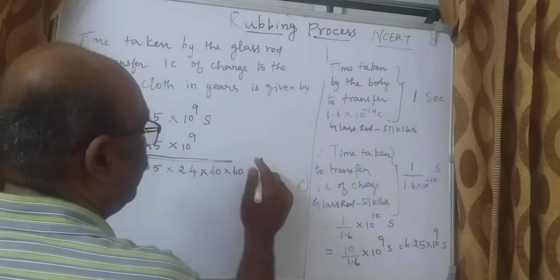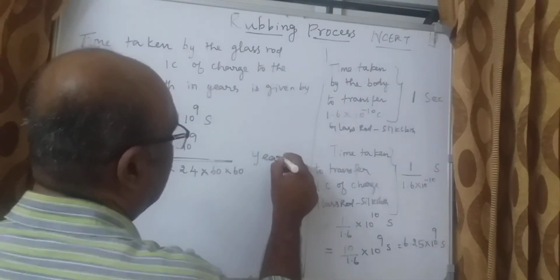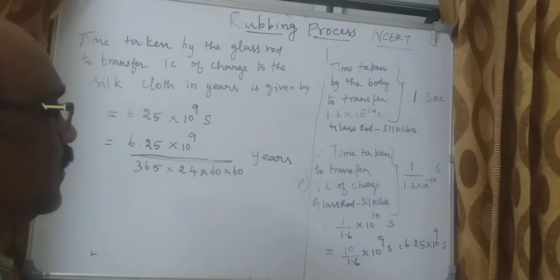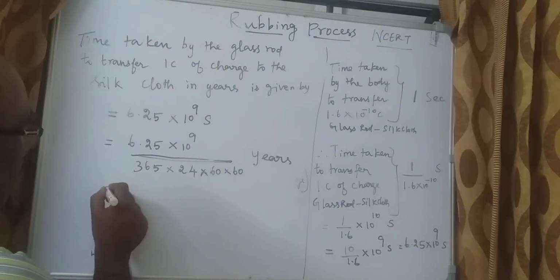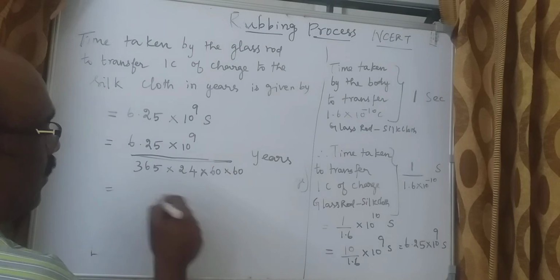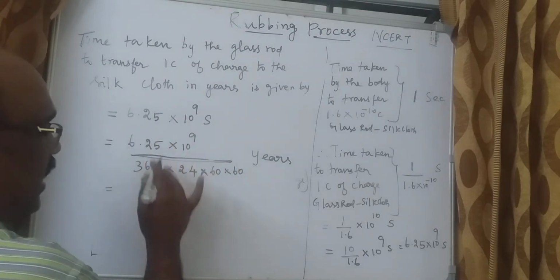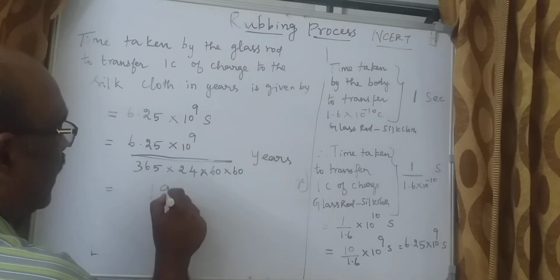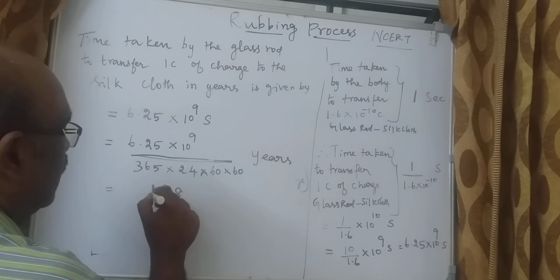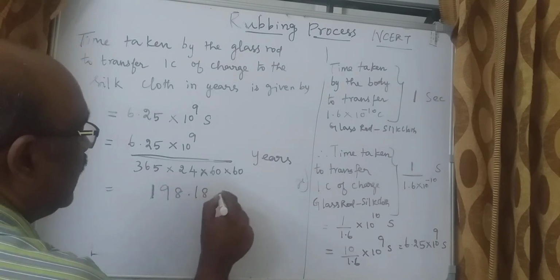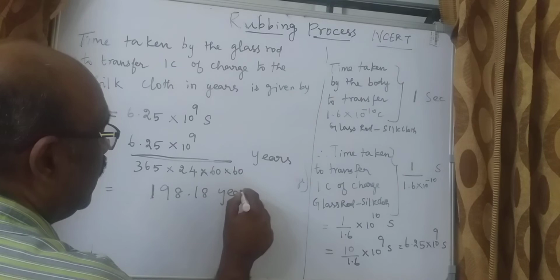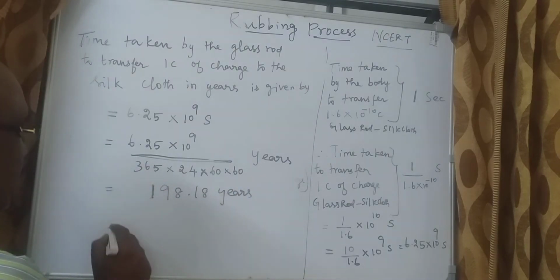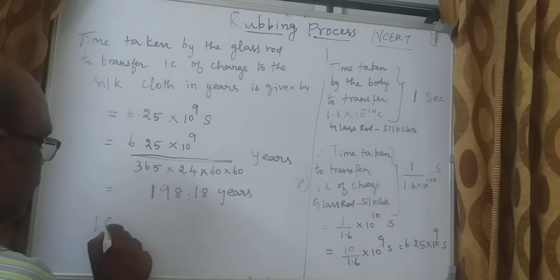So this much of years is needed now. If we simplify all these things, we will get the answer as 198.18 years, simply to transfer 1 coulomb of charge.